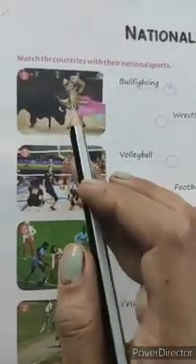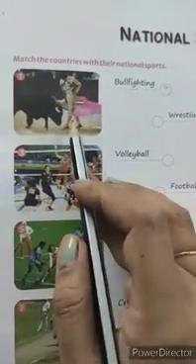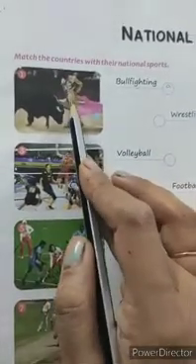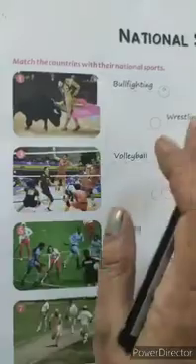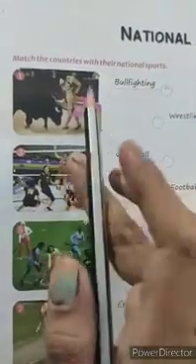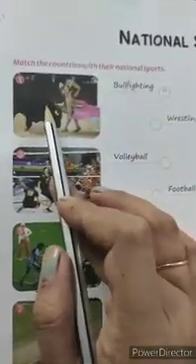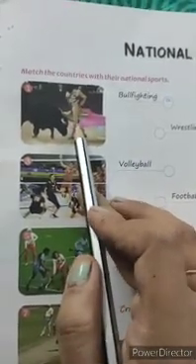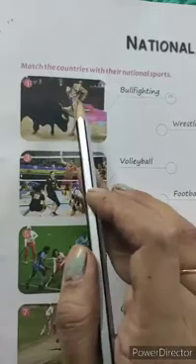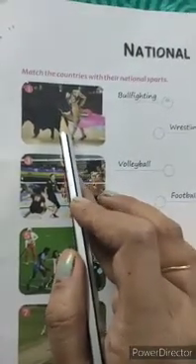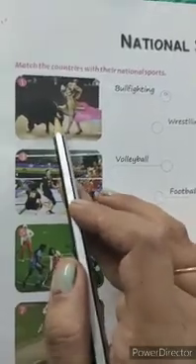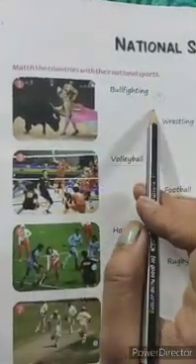Bullfighting is a physical contest that involves a bullfighter and an animal. A bullfight almost always ends with the matador killing the bull with his sword. He is having a sword. With this sword, the bullfighter kills the bull at the end. So this is the national sport of Spain.